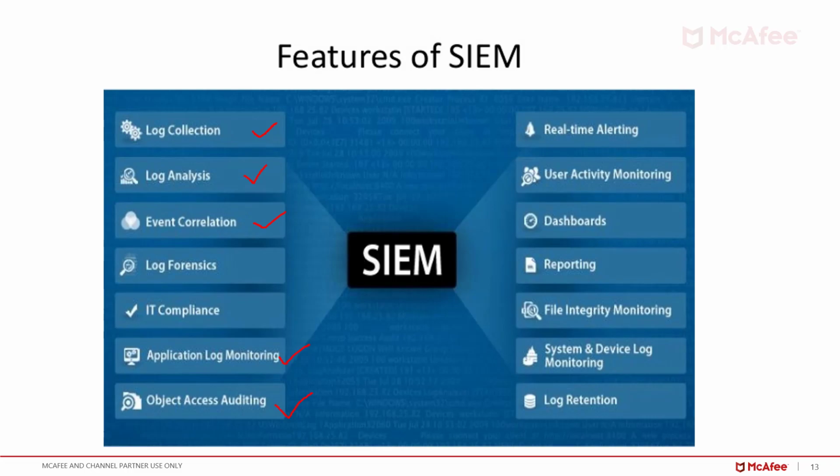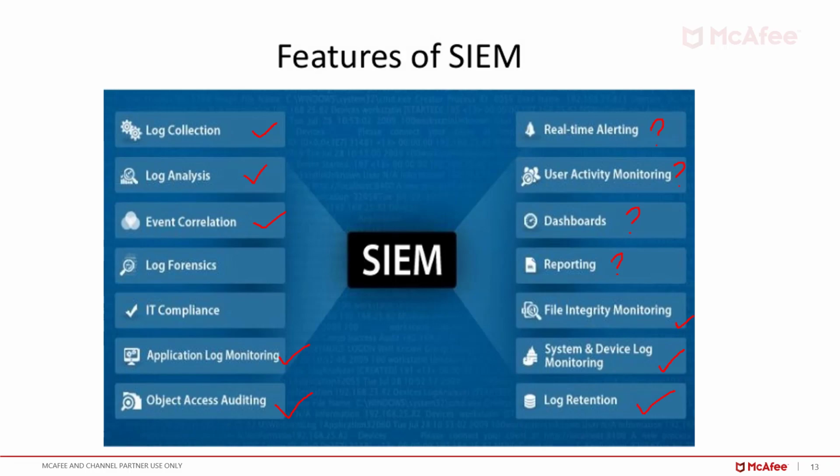It also does application log monitoring, object access auditing. Now a question is, can SIEM provide real-time alerting, user activity monitoring, dashboards, and can it actually provide reporting? We will dive deeper into those as we continue.